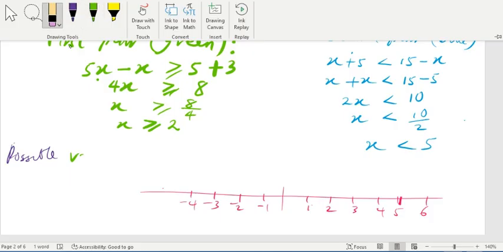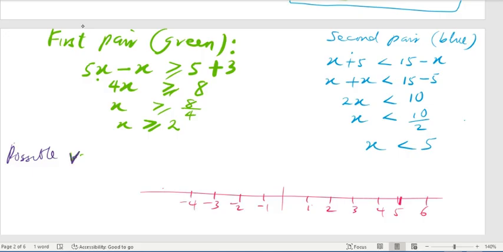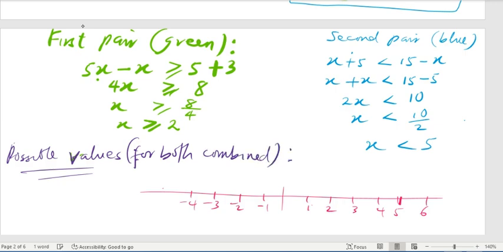First of all, let's get the values. X is greater than or equal to 2 and x is less than 5. Those are the possible values for both, combined. So what are the values? All integers that are greater than or equal to 2 and also less than 5. Can you mention them?